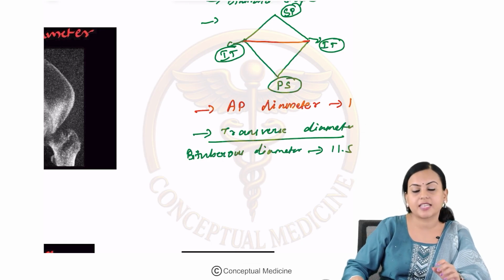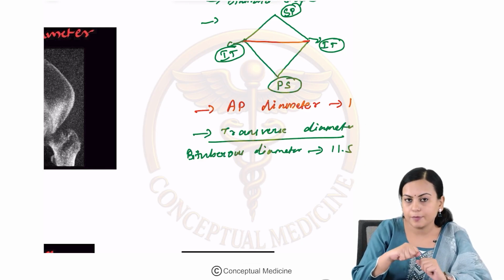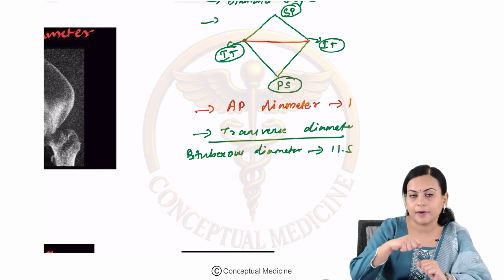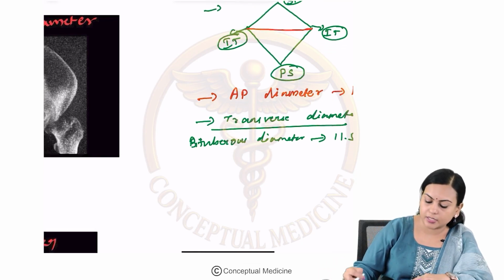This bituberous diameter can be measured with the help of your knuckles. If you are able to pass 4 knuckles in that bituberous diameter space, then the pelvis is found to be adequate.